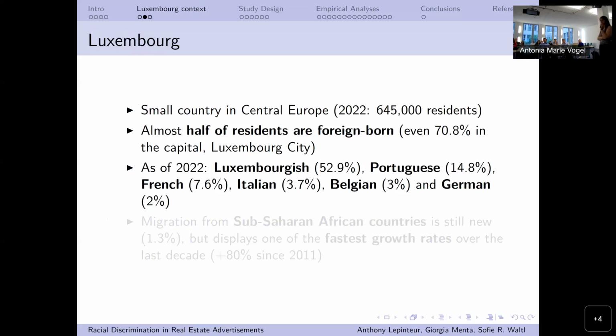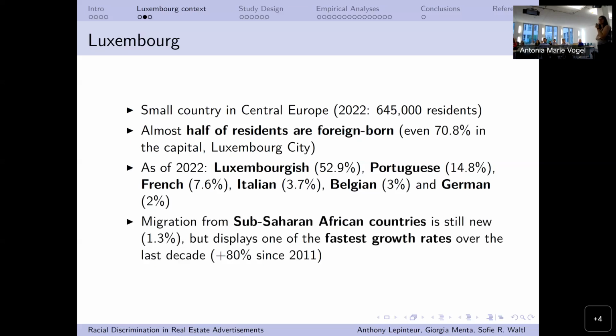There are several groups, and they will be important for our experiment. Roughly half of the entire country is of Luxembourgish descent directly. And then there's a large group from Portugal, many French people, some Italians, Belgians, and some Germans. So these would be the largest groups of immigrants.